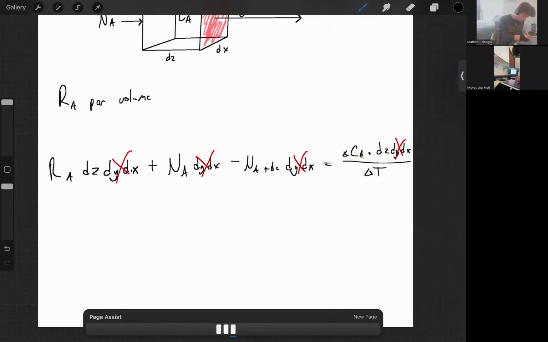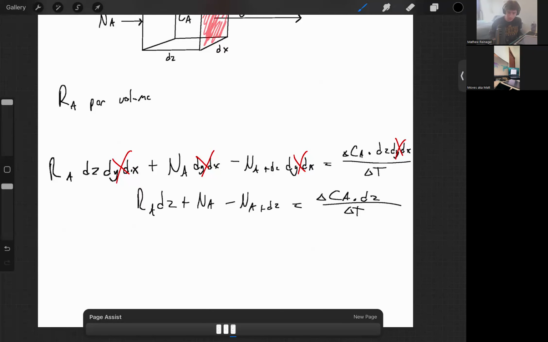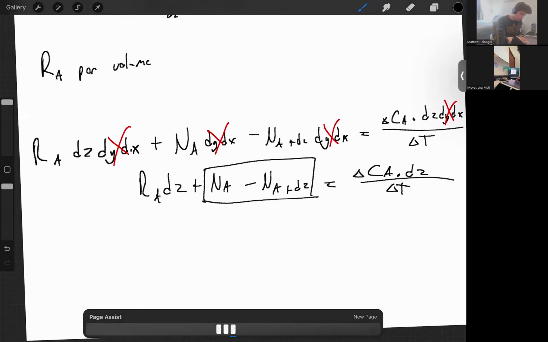What that leaves us with is the rate of formation and the change in the z direction. Then we have N_A minus the molar flux of A at z plus dz, and we set this equal to the change of concentration multiplied by the change in the z direction over the change of time. So this is going to be a very neat calculus moment. We have dz over here. If we observe this equation, I'm going to single this out.